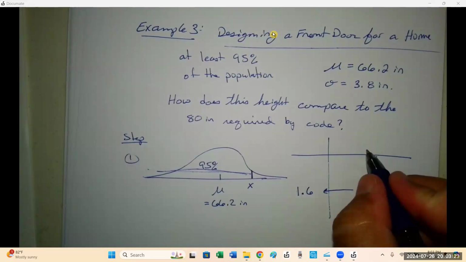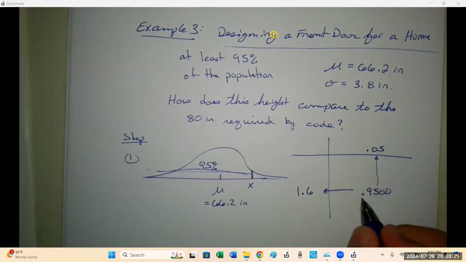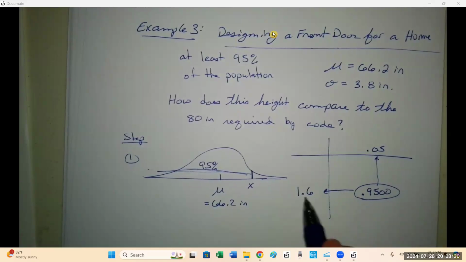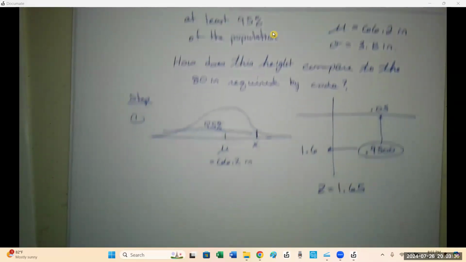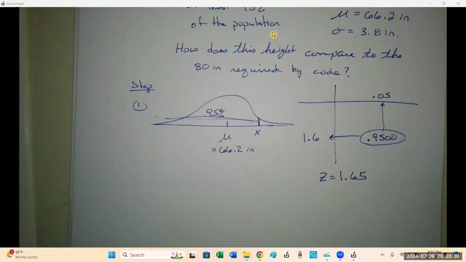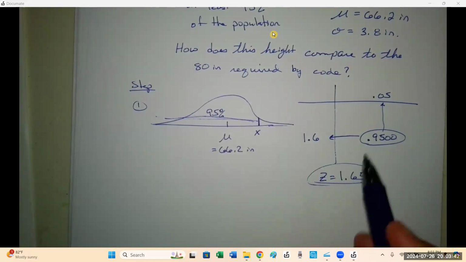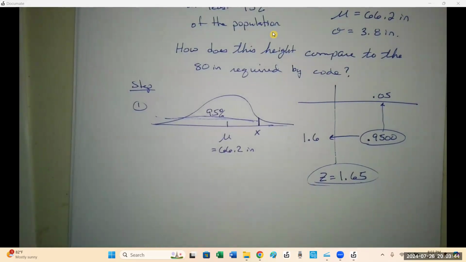1.6, 0.05. So because of that, our Z value is 1.65. Now we know the Z value. We know the mean and deviation. Let's find X, how tall the door is.